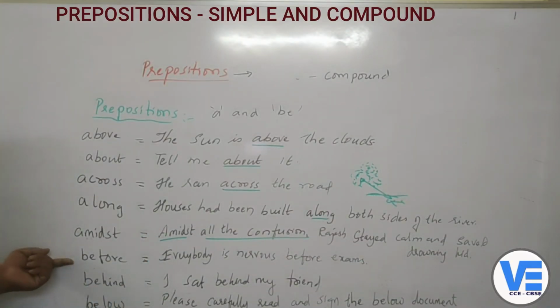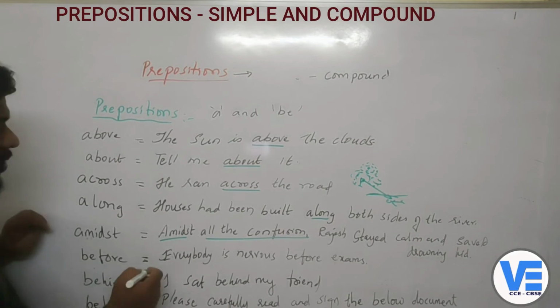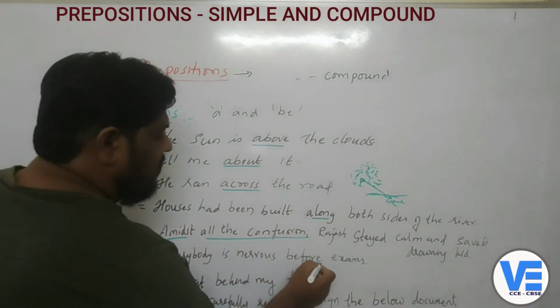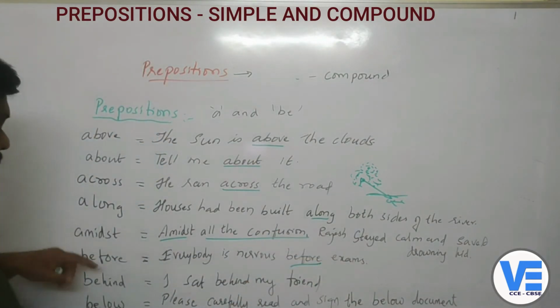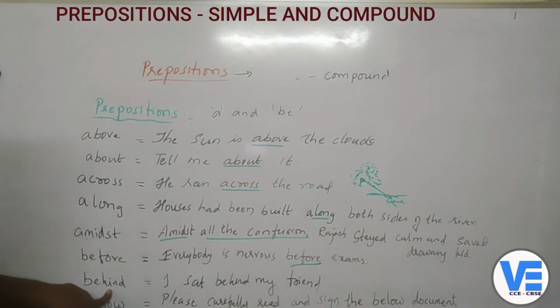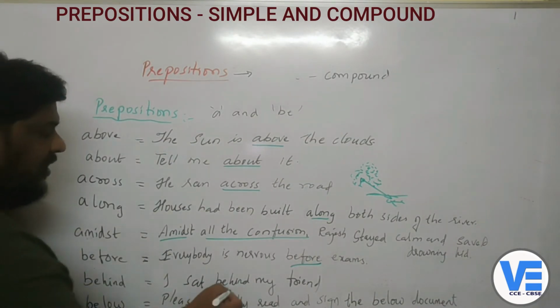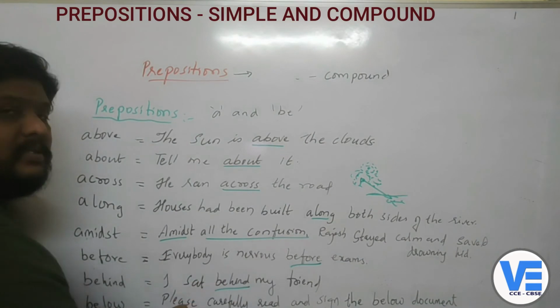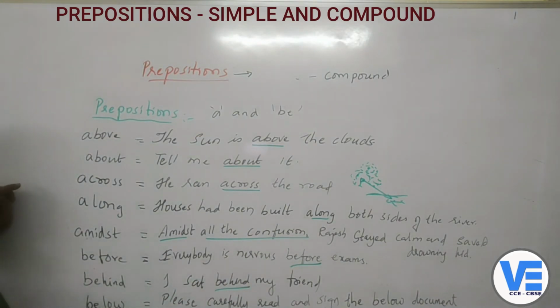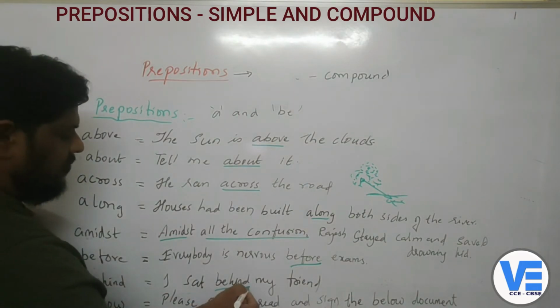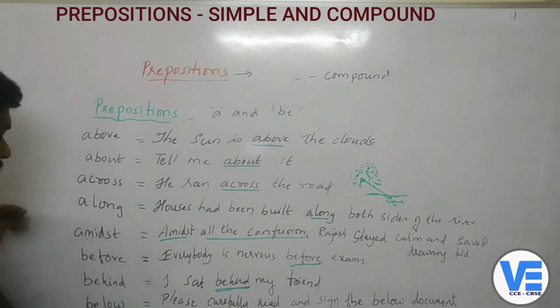And then coming to before. When you write examinations, you'll be very nervous. So how will you say the sentence? Everybody is nervous before exams. Another word you can take here is behind. I sat behind my friend. When you sit in examinations, you may want to sit behind your friend or in front of your friend. So here you sat behind your friend.